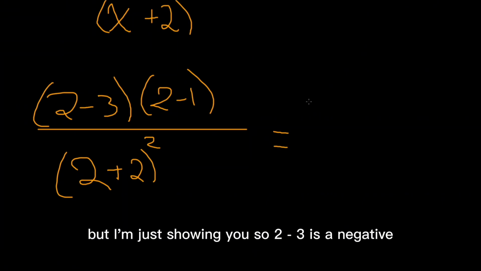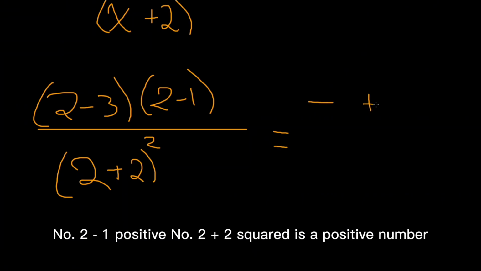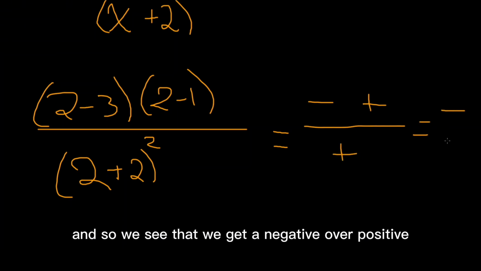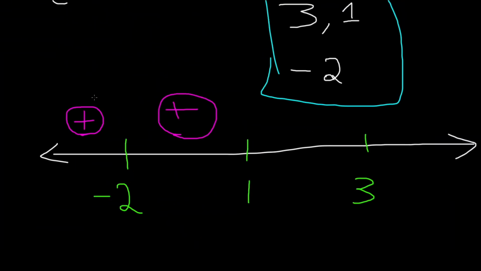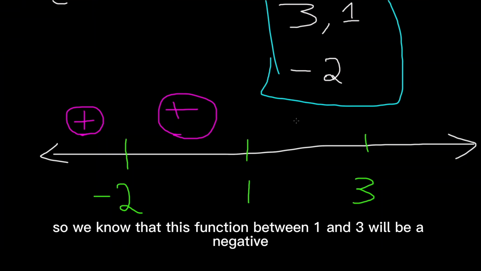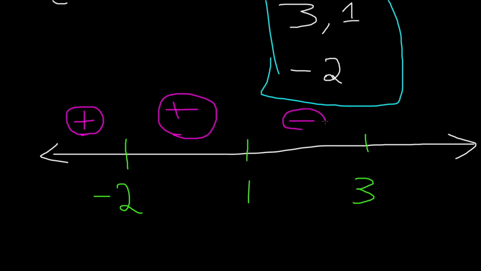So 2 minus 3 is a negative number, 2 minus 1, positive number. 2 plus 2 squared is a positive number. And so we see that we get a negative over a positive, which is a negative number. So we know that this function between 1 and 3 will be a negative value.